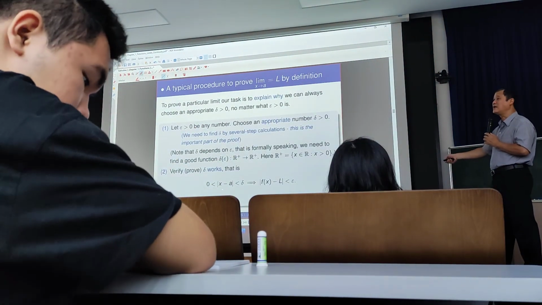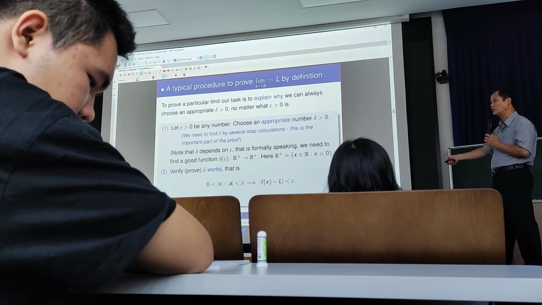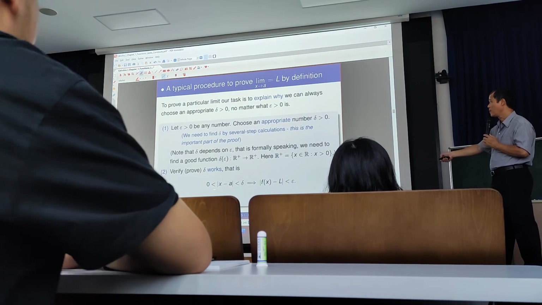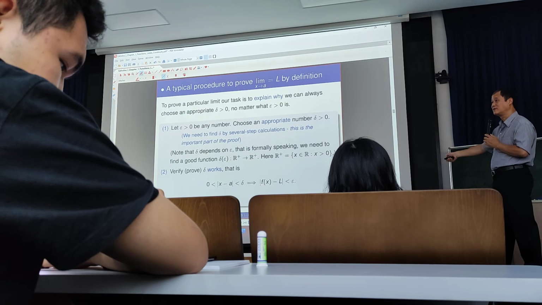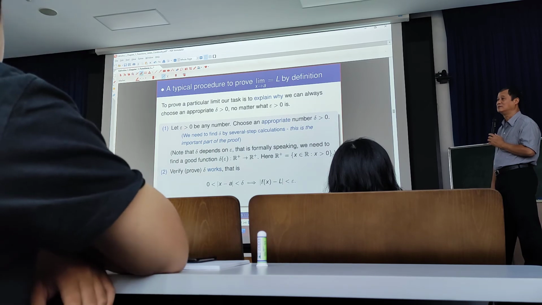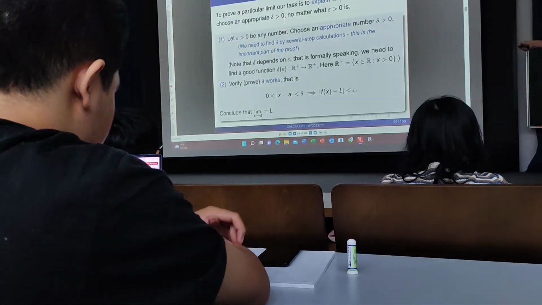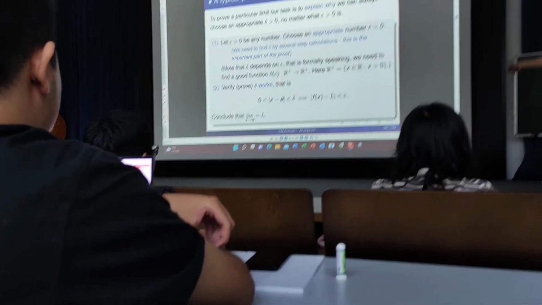That is, you have to show that your delta gives the answer: any x in this neighborhood except A, its image is in the neighborhood of L with radius epsilon. Then you conclude that the limit is L. So the most important is this line. You should learn it by heart and understand.